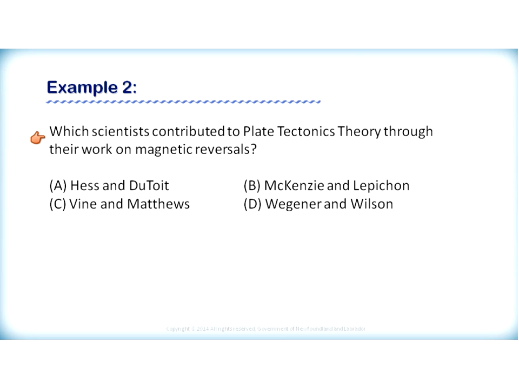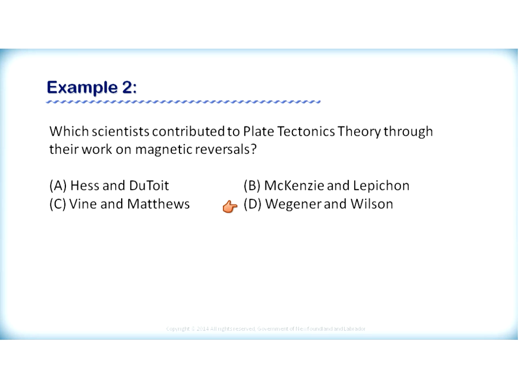Example number 2 reads, which scientists contributed to plate tectonic theory through their work on magnetic reversals? If we look at our choices, Hess proposed seafloor spreading, and du Toit mapped the continental coastlines. McKenzie and Le Pichon contributed to plate tectonics, but did not do much work in magnetic reversals.